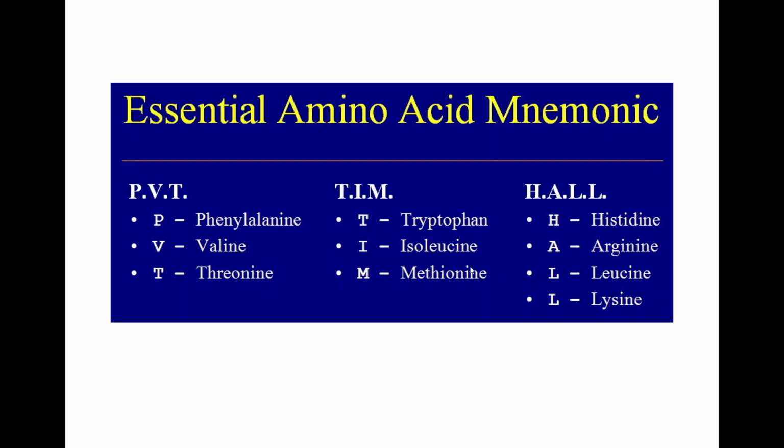But for the sake of avoiding confusion, it is included here. So you have the acronym PVT TIM HALL to remember the essential amino acids, and the acronym for the non-essential.